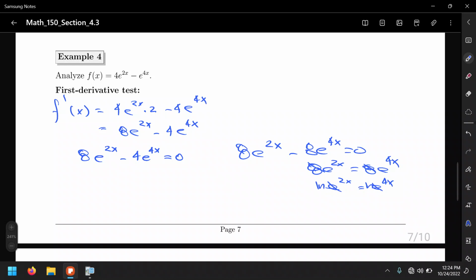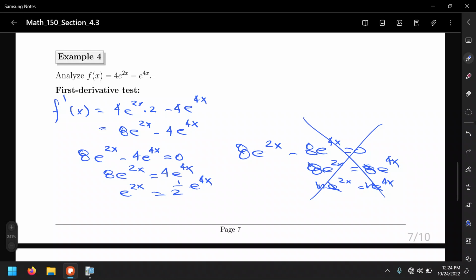That would have been great, but that's only if we had the same coefficients. However, that's unfortunately not the case, all right? Because that's going to be 8e to the 2x equals 4e to the 4x, e to the 2x equals 1/2 e to the 4x. So in this case, we cannot do the ln thing, unfortunately. All right, so we have to go in a different route.